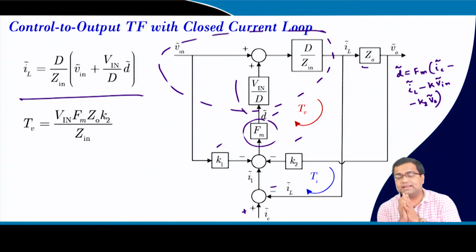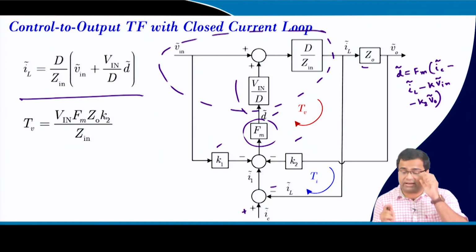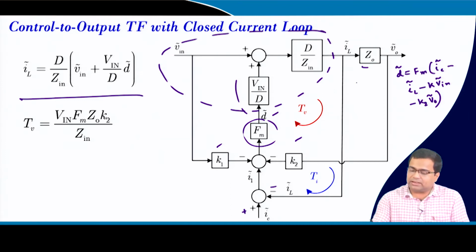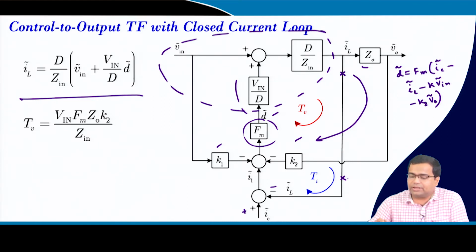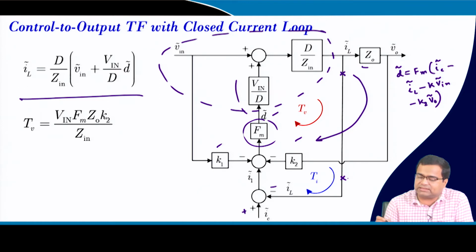Now, you can see two loops. One is the inside voltage loop, right. In that case, let us forget that current loop for the time being. We are only talking about the voltage loop. If you remove the current loop, then what is there in the voltage loop?